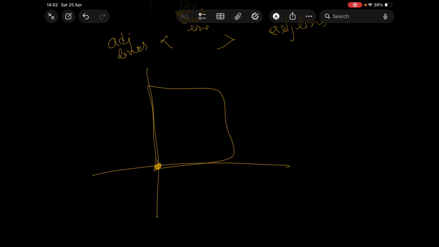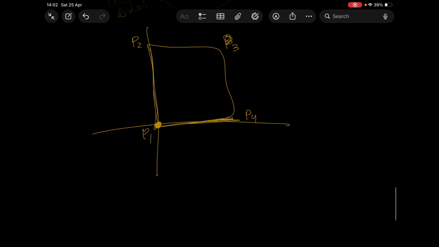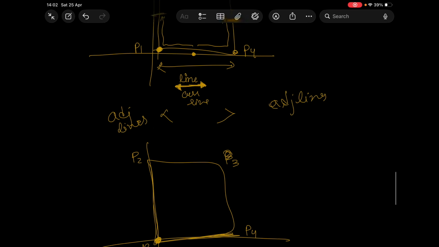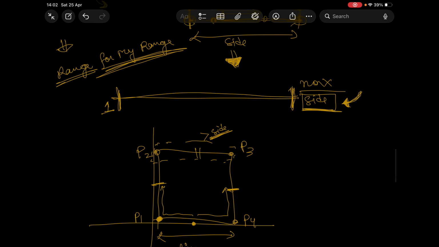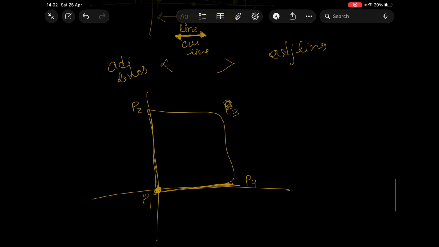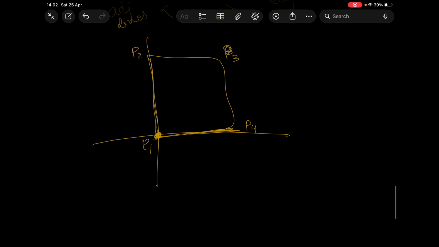If I go in this direction or I go in this direction, there is some point P2, here it is P1, P3, and P4. Now, because we are thinking of applying binary search on this question, one thing we have so far figured out is that this is my answer, on which I have to apply binary search. Now the question is that we have to pick these points for that particular answer.